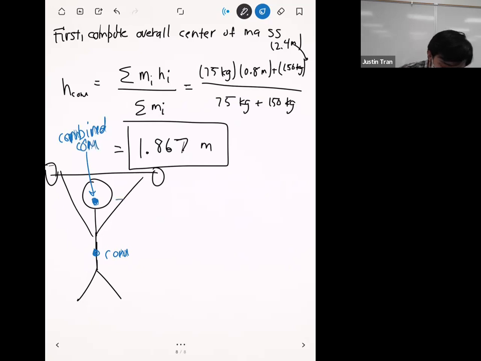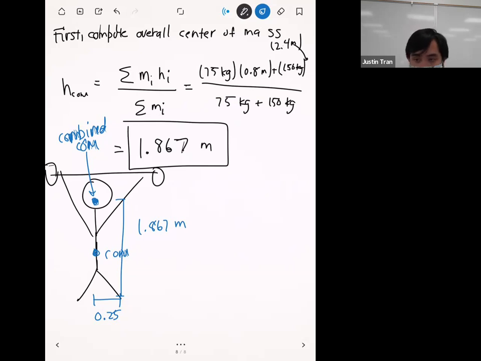And so that combined center of mass, the height of this one is 1.867 meters. But our base of support is the same, so the half distance in our base of support is 0.25 meters.